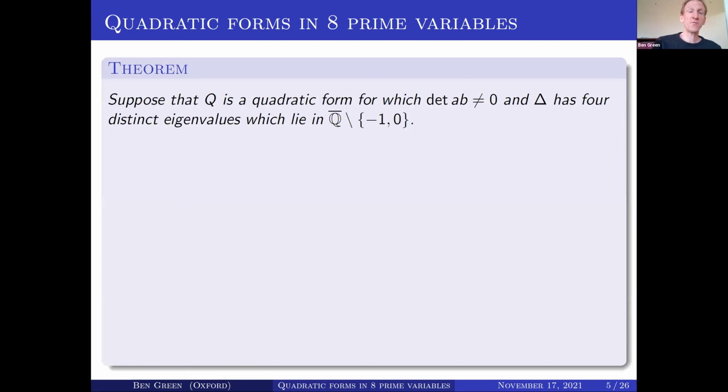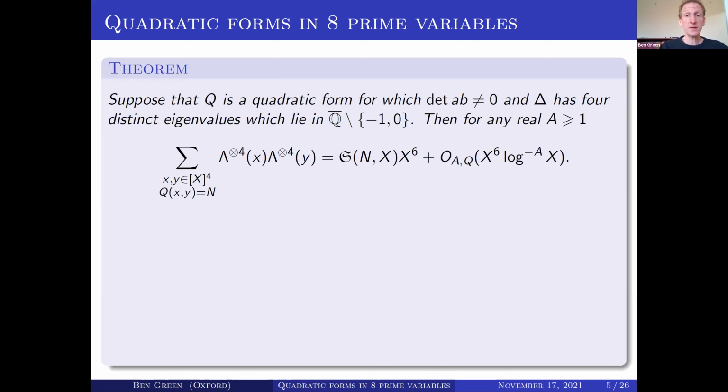So suppose I have a quadratic form Q in 8 variables, and I'm going to impose a few conditions on it, which I call being generic. So the determinant of AB is not 0, where here A and B are those 4x4 matrices arising in the expression of Q. And that discriminant delta has 4 distinct eigenvalues, none of which are 0 or -1.